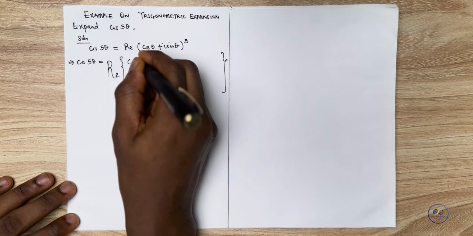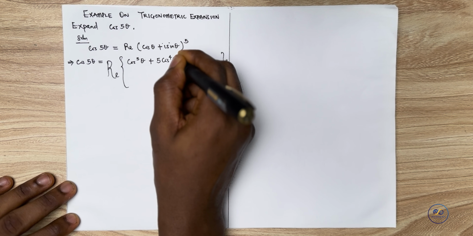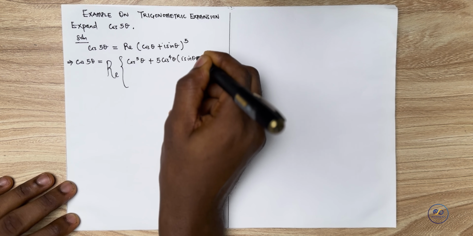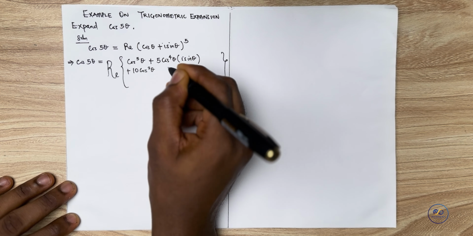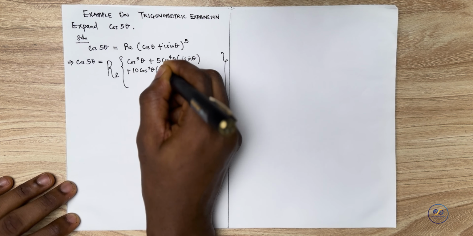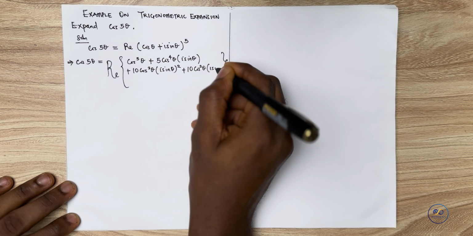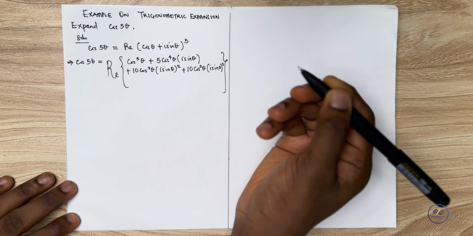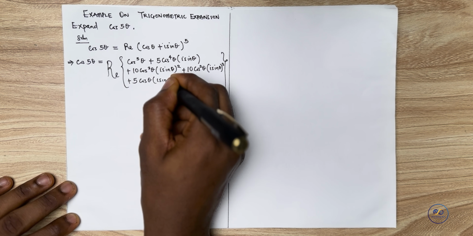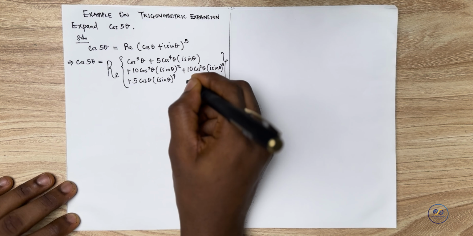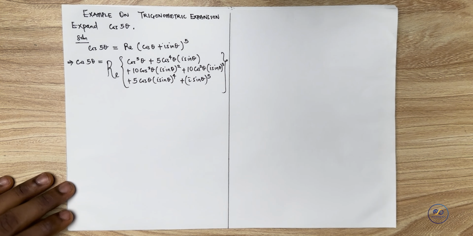We would have cos^5 θ, plus 5 cos^4 θ (i sin θ), plus 10 cos^3 θ (i sin θ)^2, plus 10 cos^2 θ (i sin θ)^3, plus 5 cos θ (i sin θ)^4, then plus (i sin θ)^5. This is going to be the full expansion.